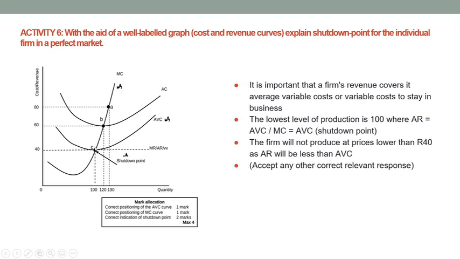Okay, the firm will not produce at prices lower than 40 Rand, right? They cannot produce lower than that because AR is less than your average costs. Okay, so you can use either explanation for that answer there.